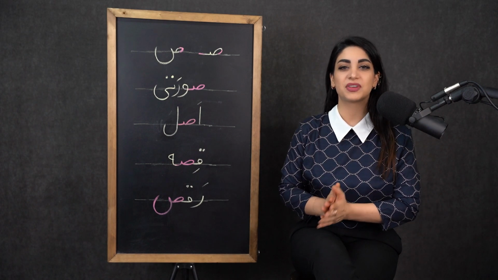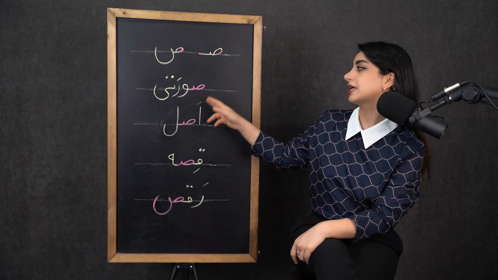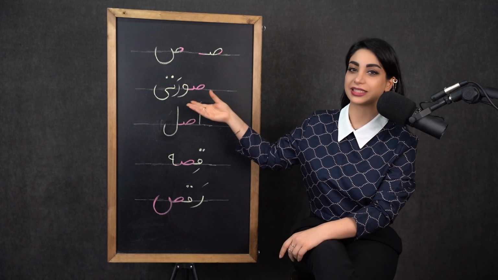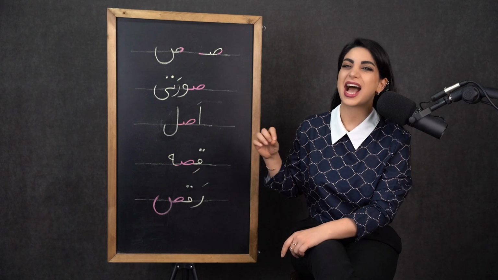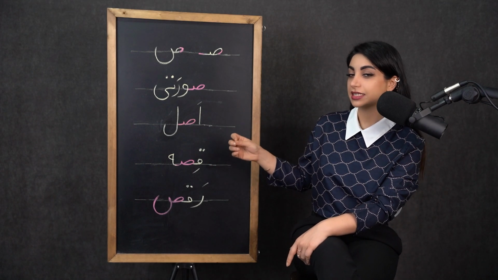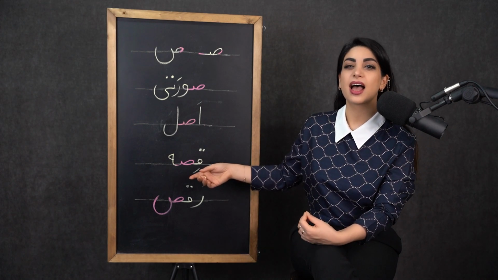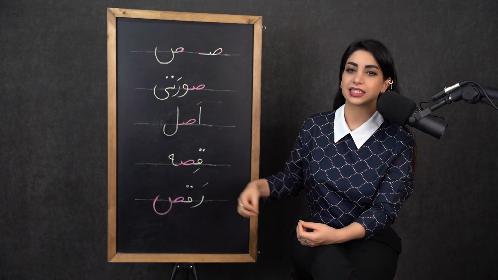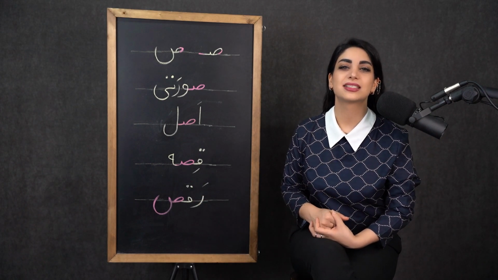Now let's go and see what we have for practice. Well, for practice, instead of saying pink, we say surati. Instead of saying original, we say asl. Instead of saying story, we say qisse. And instead of saying dance, we say raqs.